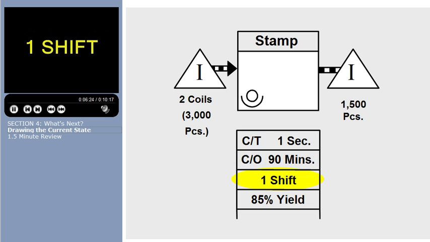The third piece of information in this data box lets us know that we are running one shift. The yield lets us know what percentage of our material is being produced into a usable product or product family. This implies that whatever is left over is discarded. Generally, we refer to this discarded material as scrap.